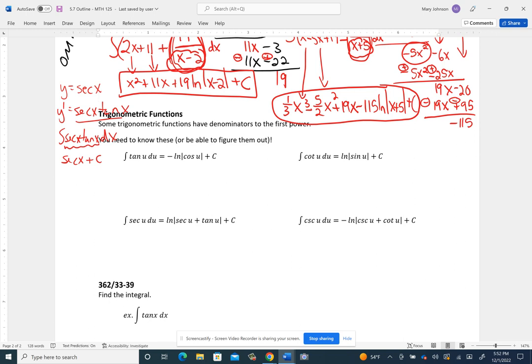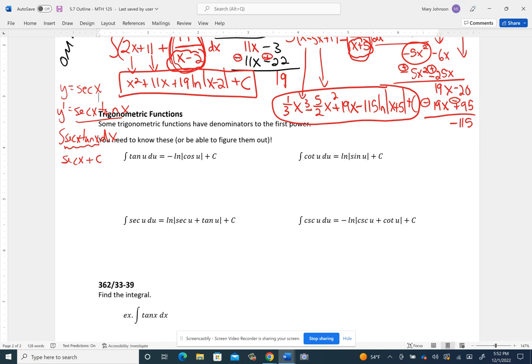What we're going to be able to do now is integrate something like tangent. And see, tangent is not the answer to any of the derivative rules back from chapter 3. Okay, so you will need to know these. I will definitely expect you to be able to do these because you can just figure them out. I'll show you what I'm talking about.